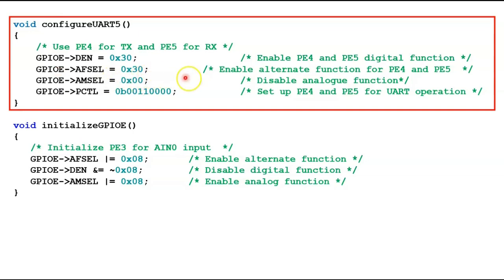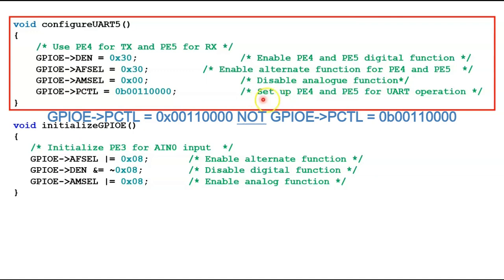So we need to enable the alternate function instead of the general purpose input output function. So the next statement here basically disables the analog function, and then this instruction here will set up port PE4 and PE5 for UART operation.